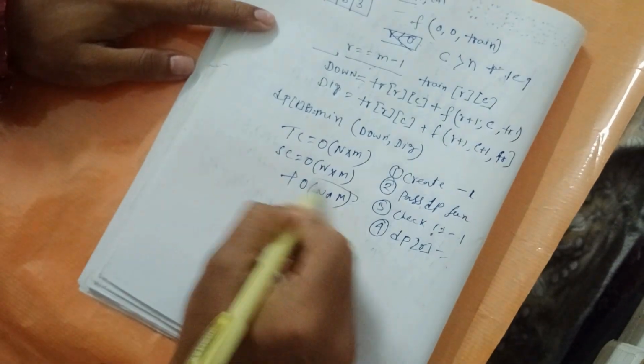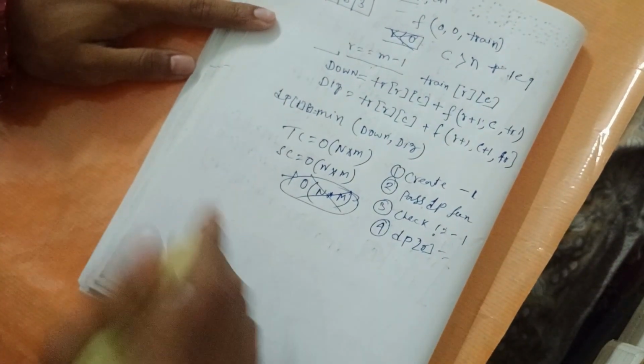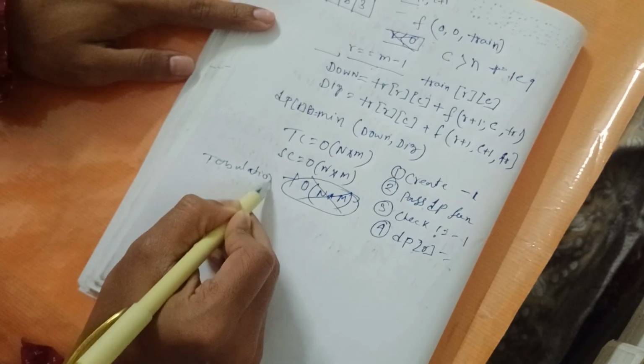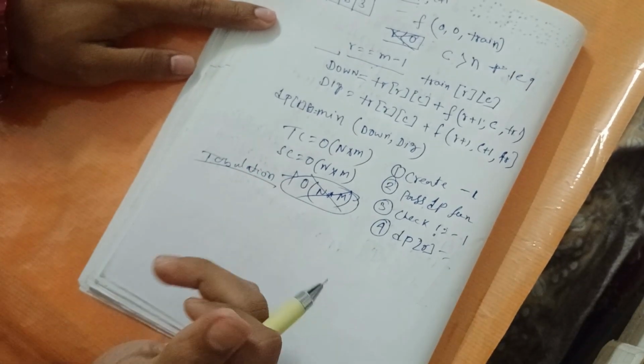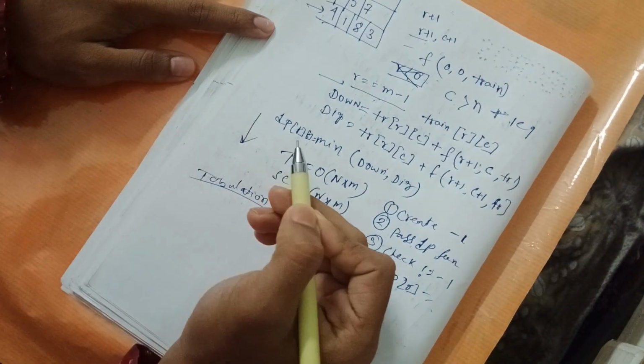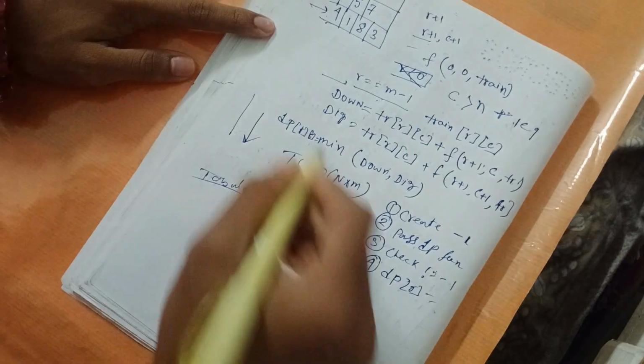I am not satisfied with this, so I do tabulation. Memoization starts from top to down, and tabulation starts from bottom to up.